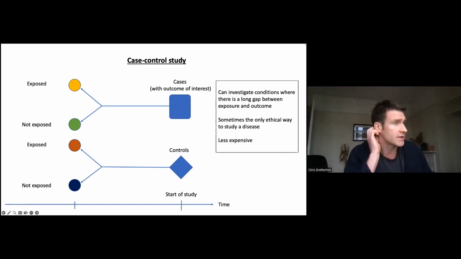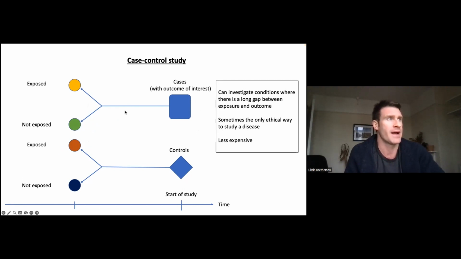So a case-control study is a retrospective study. It starts at a time point in the present and looks backwards. So, for instance, people with lung cancer, were they exposed to asbestos or not? And indeed, that's how they found it: they saw people with lung cancer had some asbestos exposure.